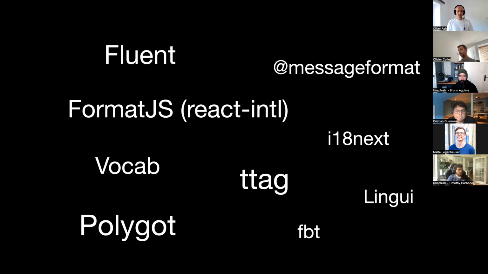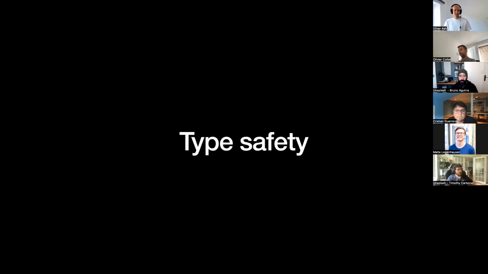So over the Christmas holidays, I think we were frantically trying to evaluate all of these different options. And there are so many trade-offs here, like code splitting and performance and compatibility with TypeScript and compatibility with React. But the big problem was type safety. And you probably hear us talk about this a lot on the web team.